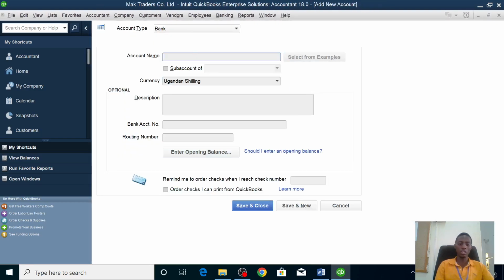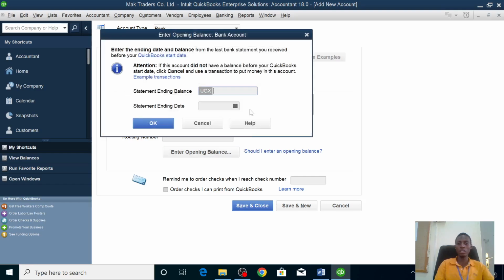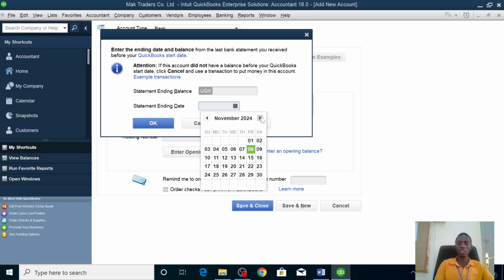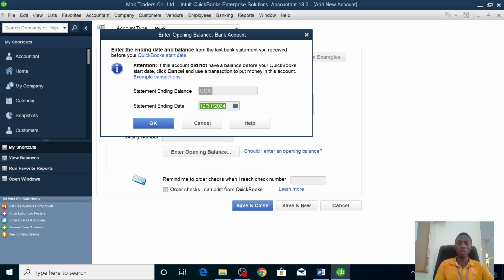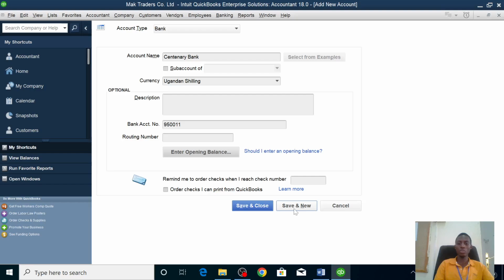Then my first account is Centenary Bank, here my account number 950011. Then I have to change the date, the start of the financial year, but here it's saying the statement period ending, so it ends on the 1st December 2022. Say okay, then save and new.